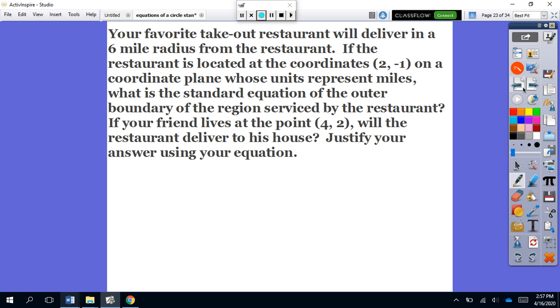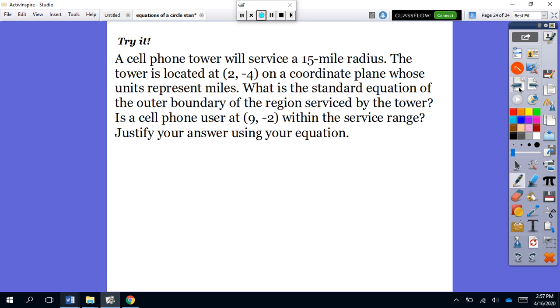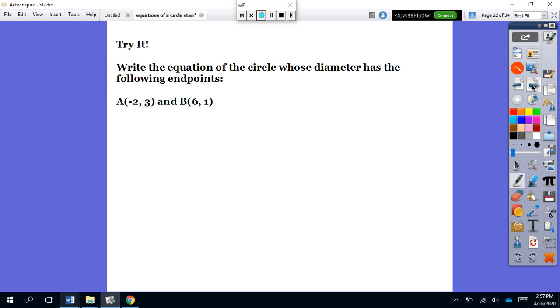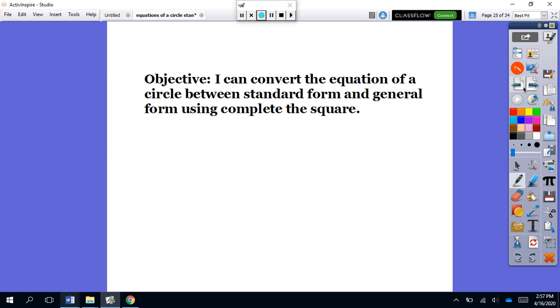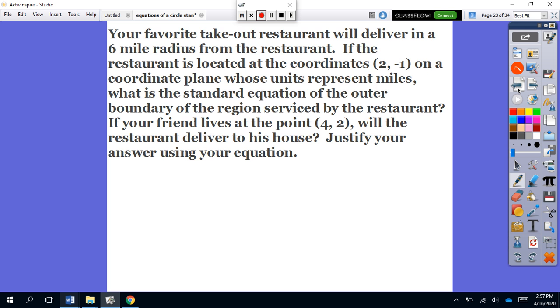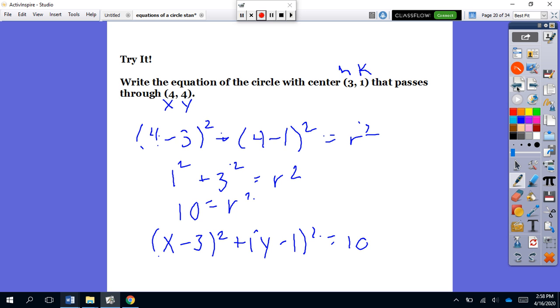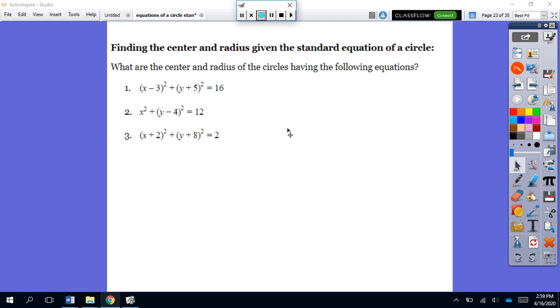We're going to go, your notes have, I think I lost the other problems. If I give you the equation and have you tell me the center and radius, what would it be? Hold on. Okay, I paused and I'm back now and I added this in. So find the center and radius given the standard equation. Well, I can just go backwards.